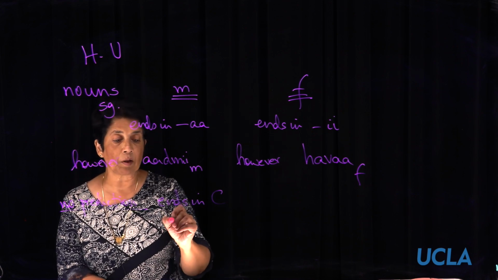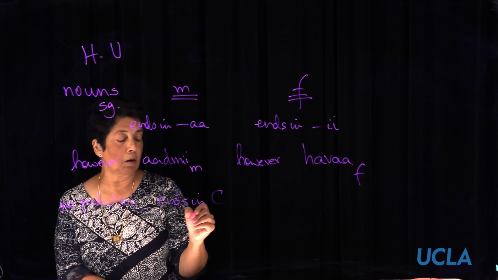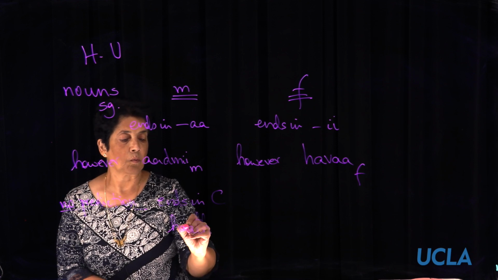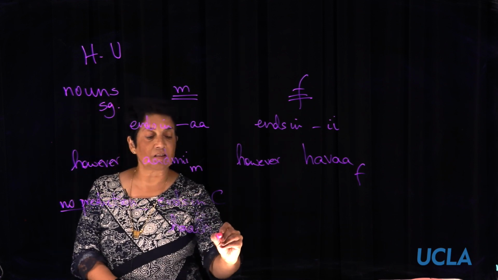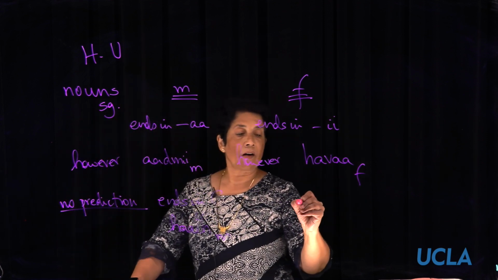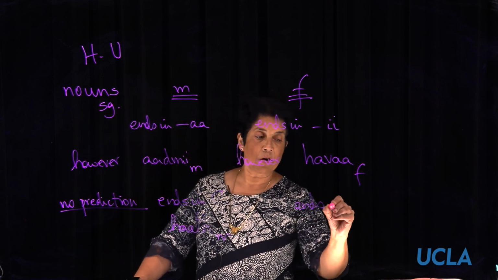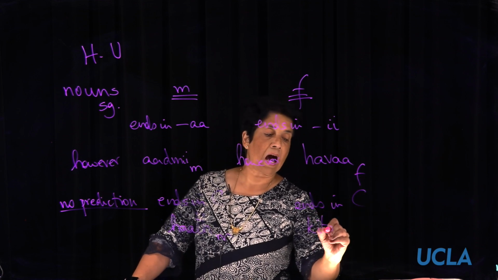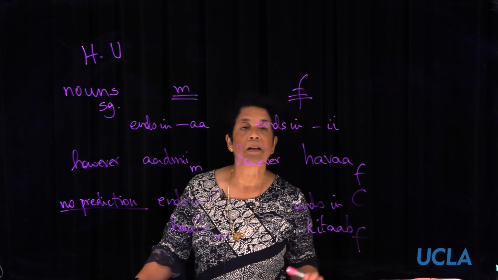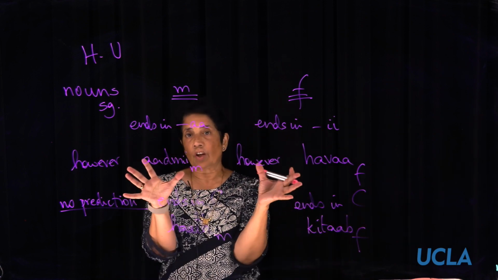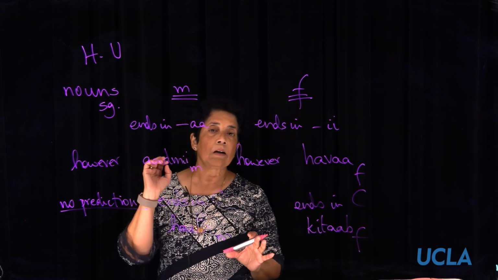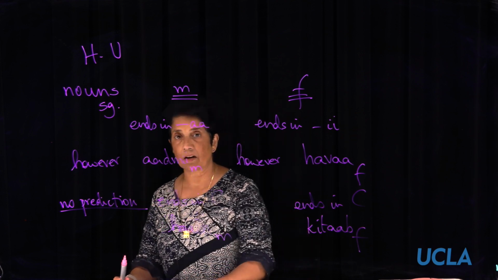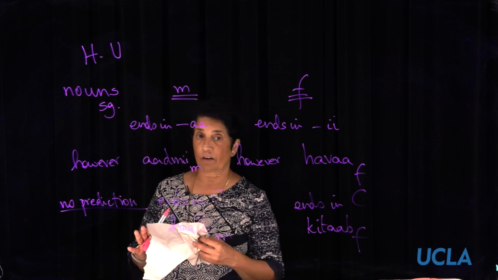So, for example, you have a word like haath, which means hand, and this is masculine, whereas you have another word that ends in a consonant, for example, kitab, and this is feminine. So if we look at the singular forms, we cannot predict gender based on the singular forms.